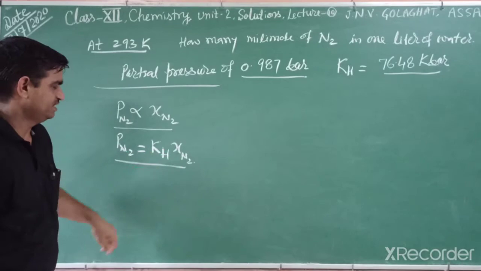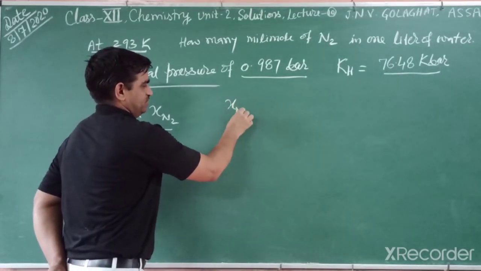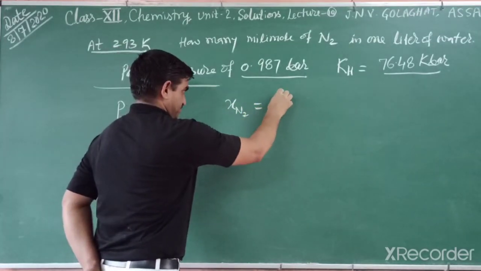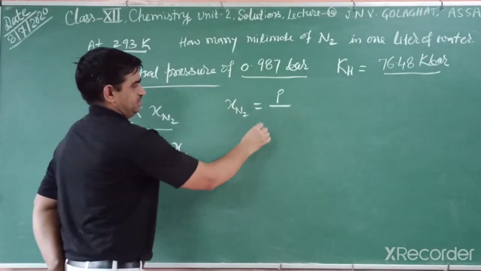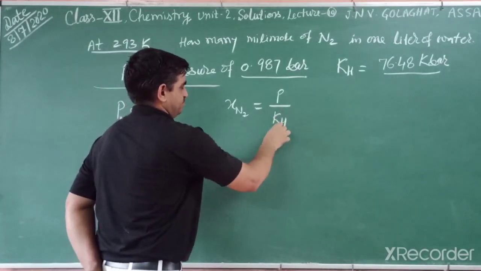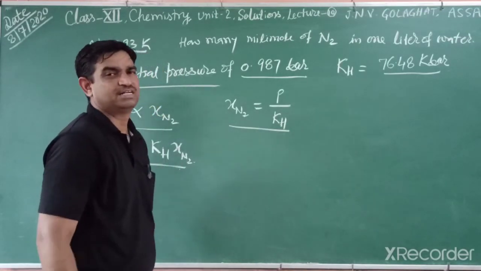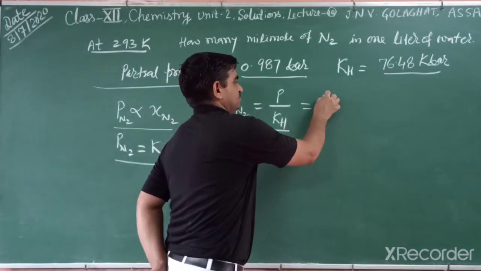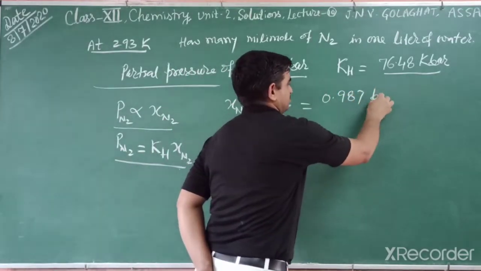So first we identify the mole fraction of nitrogen: partial pressure divided by the Henry's law constant. From this value we can identify the amount of nitrogen dissolved. The partial pressure is 0.987 bar.